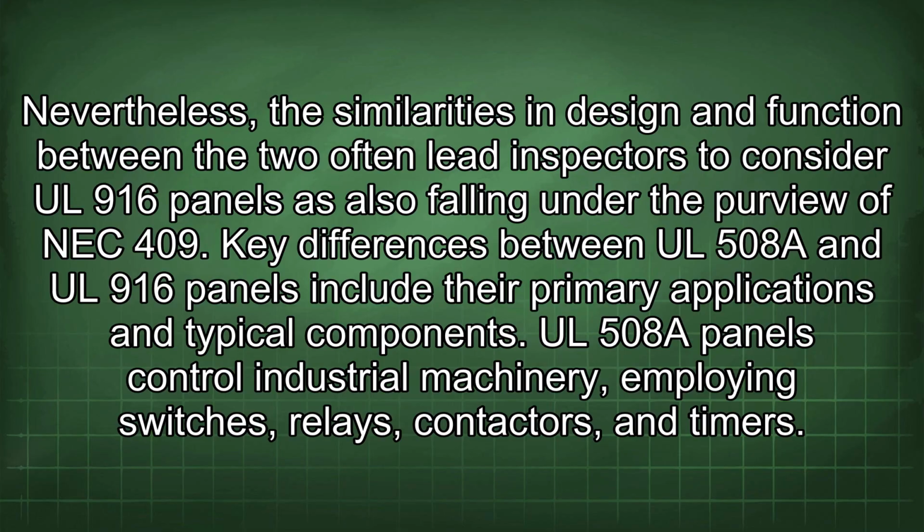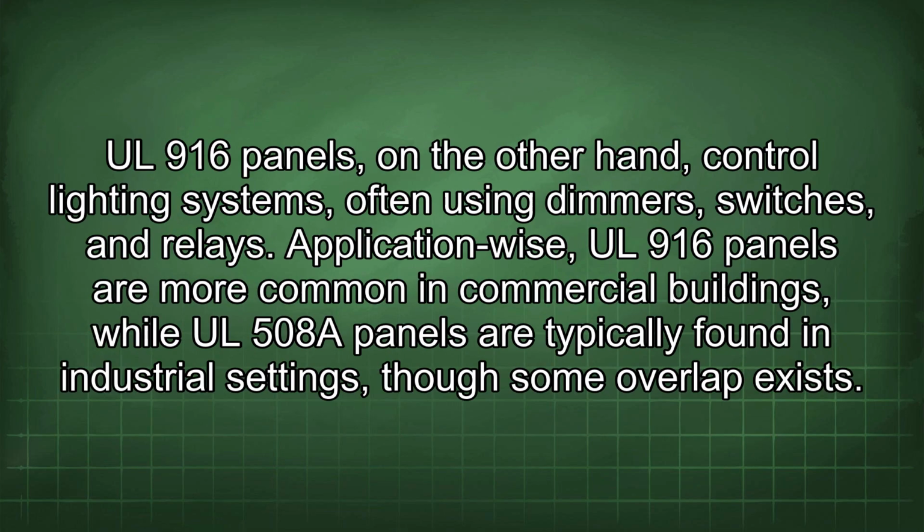Key differences between UL 508 and UL 916 panels include their primary applications and typical components. UL 508 panels control industrial machinery, employing switches, relays, contactors, and timers. UL 916 panels, on the other hand, control lighting systems, often using dimmers, switches, and relays.